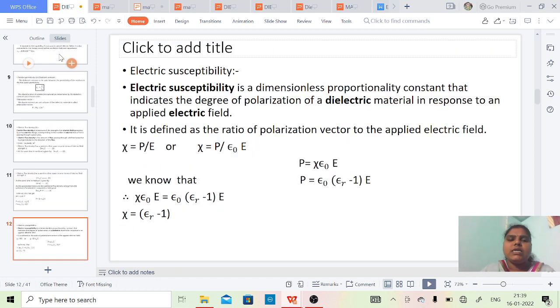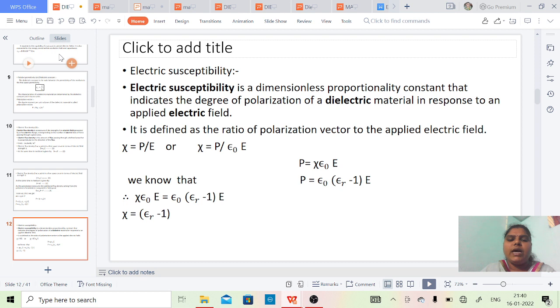And next, electric susceptibility. The electric susceptibility is a dimensionless proportionality constant that indicates the degree of polarization of a dielectric material in response to an applied electric field. Whenever we apply a field, it indicates the degree of polarization for a particular dielectric material.